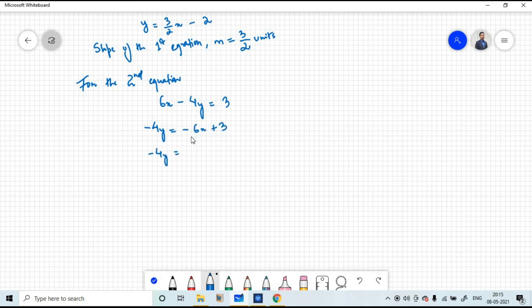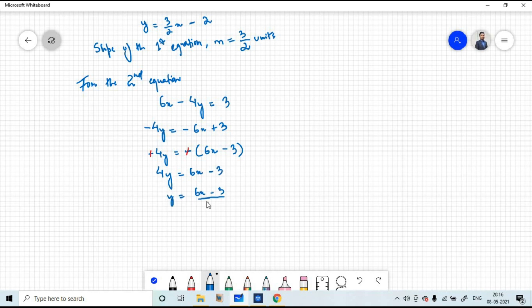Let us take minus as common. So we are left with minus 4y equals minus of 6x minus 3. Minus times plus equals minus. Minus times minus equals plus. Let us cancel out minus. We have 4y equals 6x minus 3.